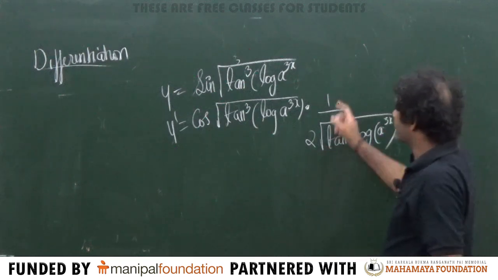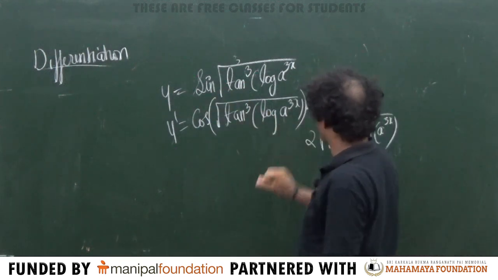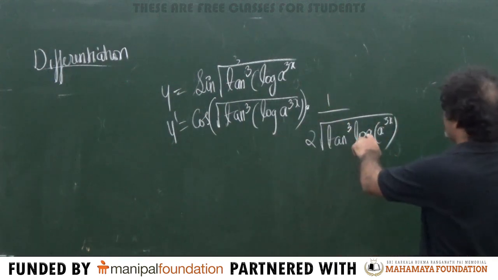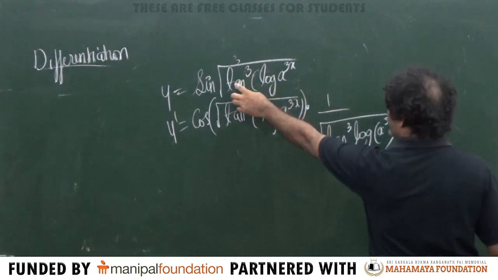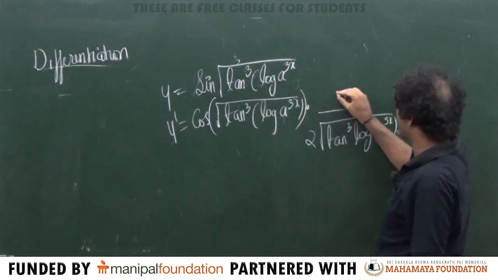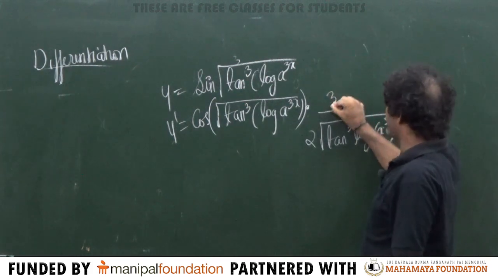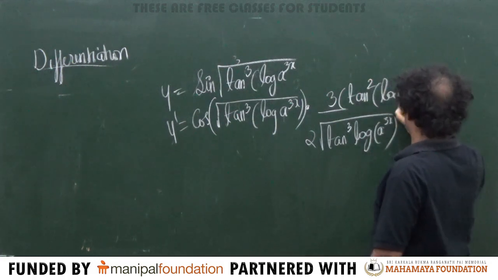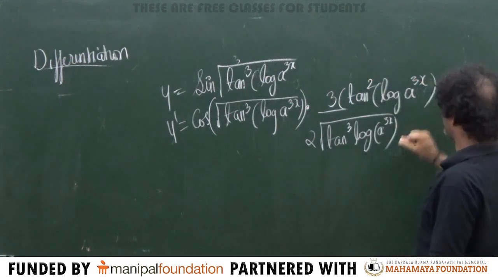Now don't strike this, okay? This is cos of theta. You have no connection with that. But root is done. After root, you have tan or something cube, right? So anything, what's x cube? 3x square, right? So it will be 3 tan square log a power 3x.